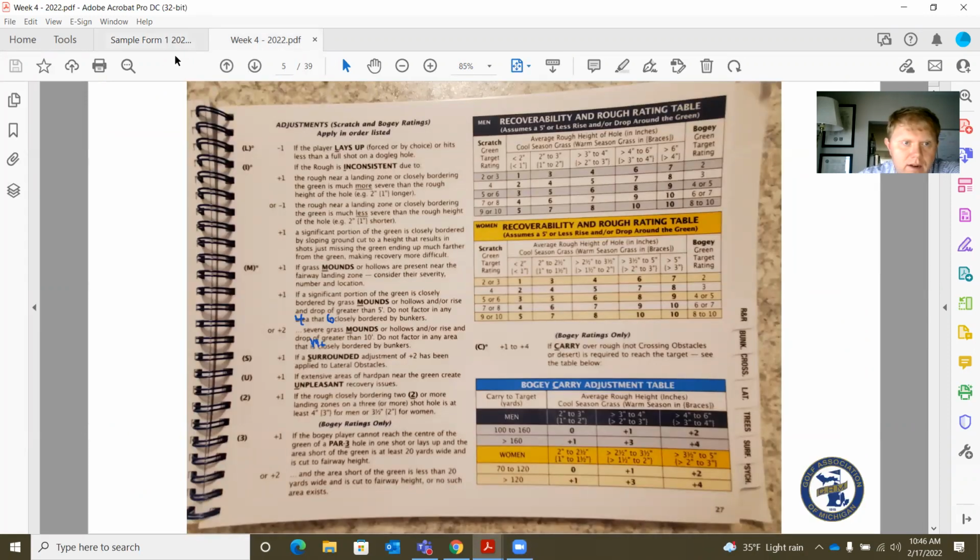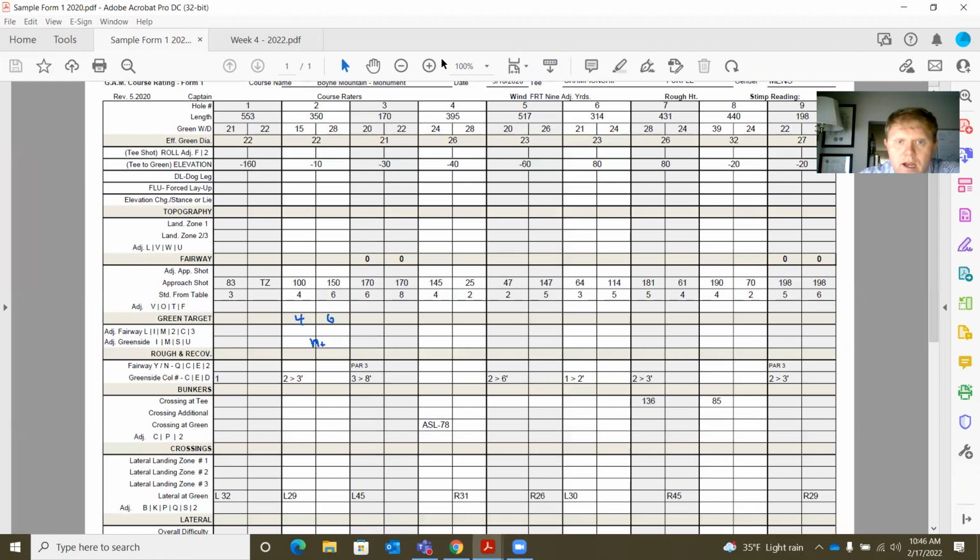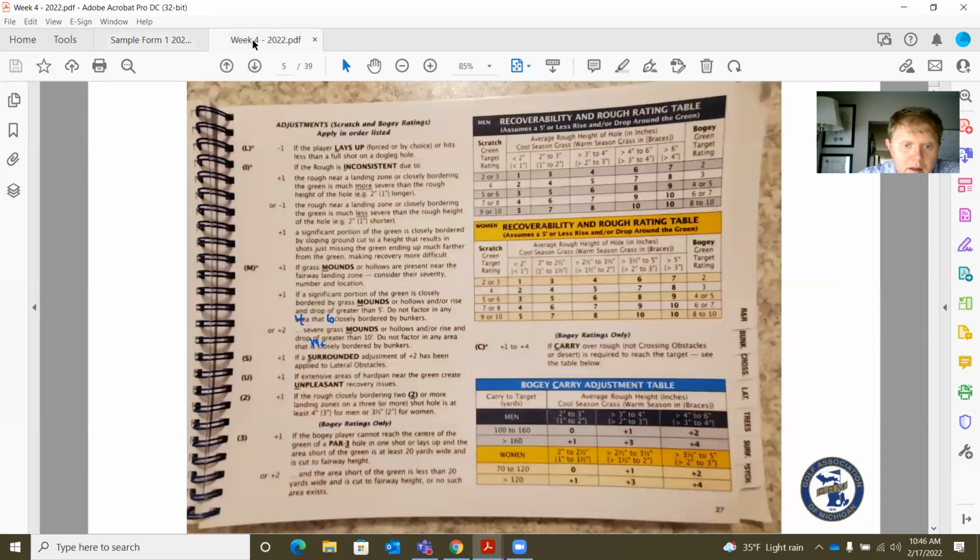And let's say, I forgot to say, our rough is 2 inches. So 4 and 6, we're doing male here, 4 and 6 for 2-inch rough.